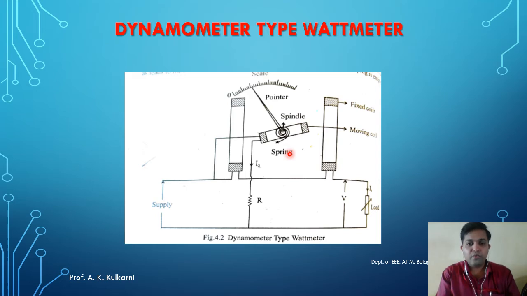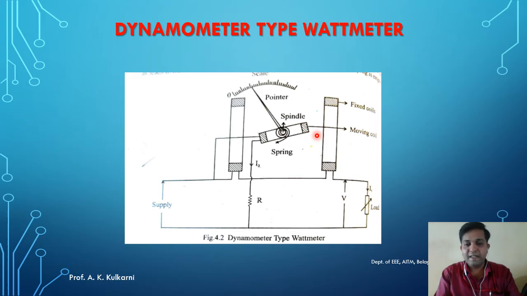As of now we have three fluxes: the flux created by the first fixed coil, the flux created by the second fixed coil, and the flux created by the moving coil. Now the flux created by all these coils will interact with each other. The flux created by the fixed coils and the flux created by the moving coil will interact.